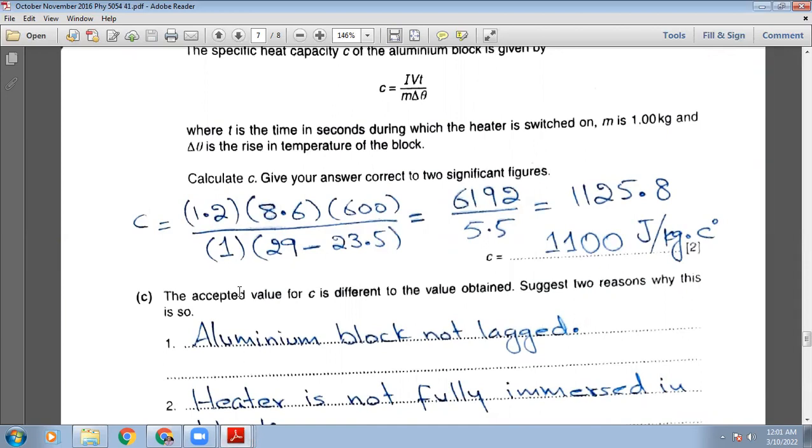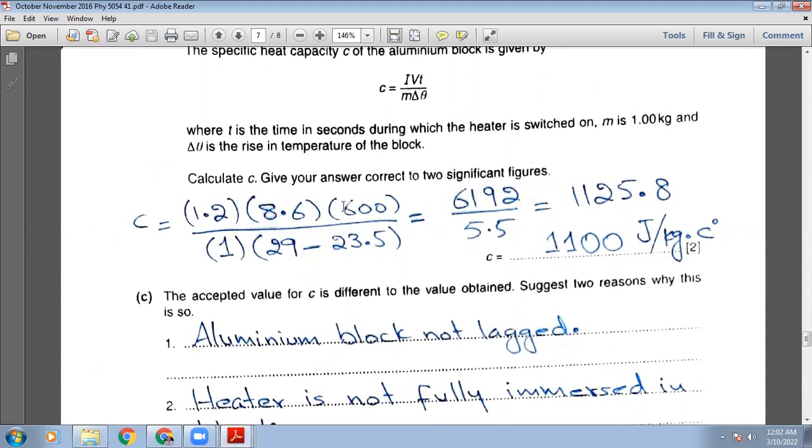So calculate the c. Give your answer correct to two significant figures. So c will be 1.2 ampere multiplied by 8.6 volt multiplied by 600 seconds divided by 1 kg, and this is the change in the temperature.